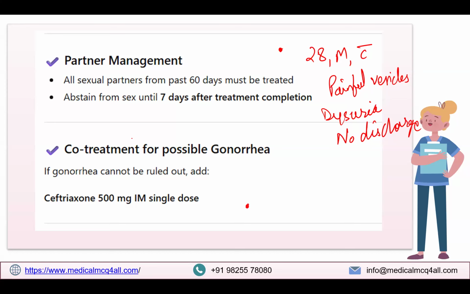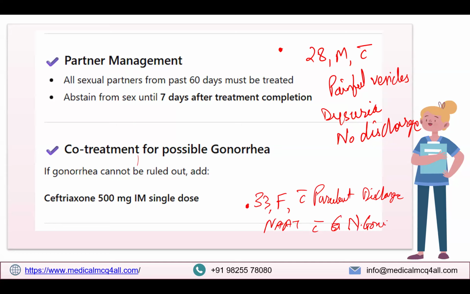Now, next question. There is a 33-year-old female with purulent discharge, and NAT testing shows Neisseria gonorrhoeae.